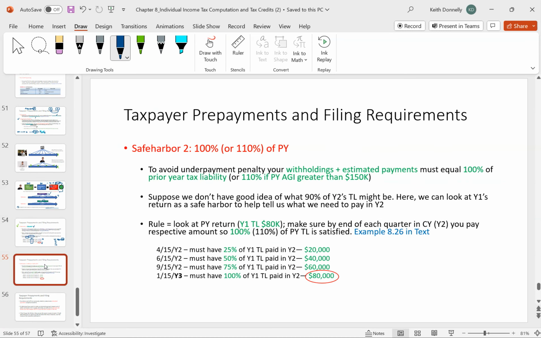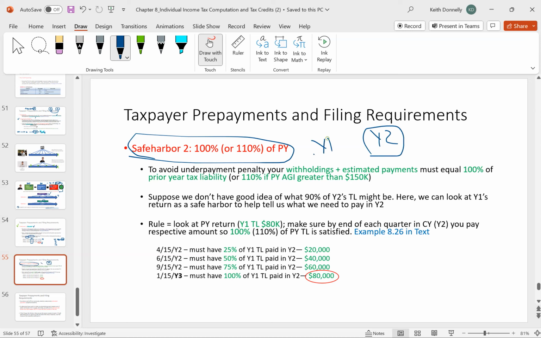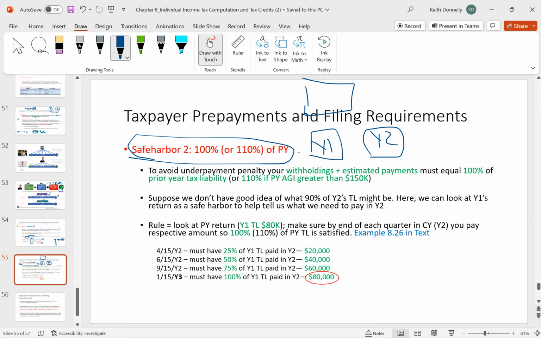Now, let's look at the second safe harbor. Let's say we're in year 2 again, and let's say that we want to use the prior year. So we phone a friend in year 1 and ask, what was our tax liability in that year? Let's say 80K.